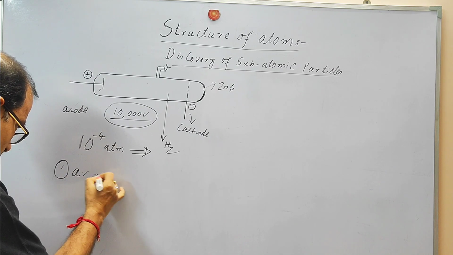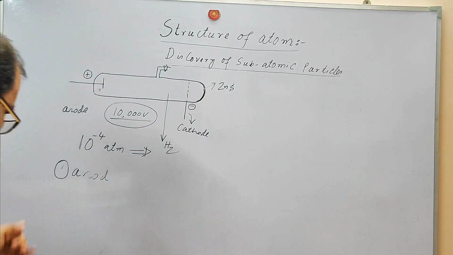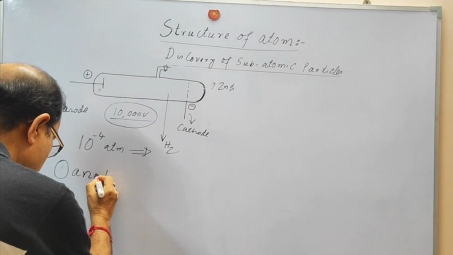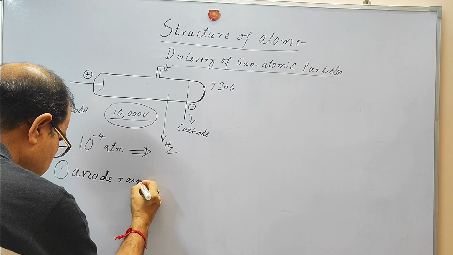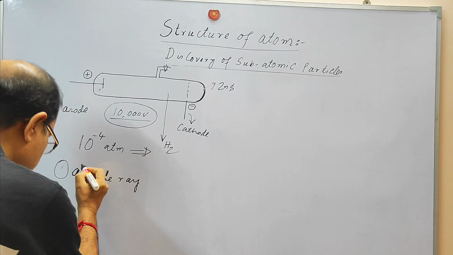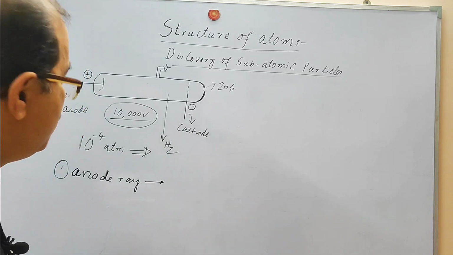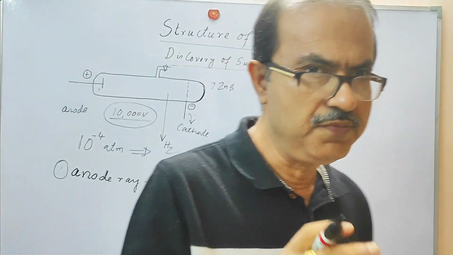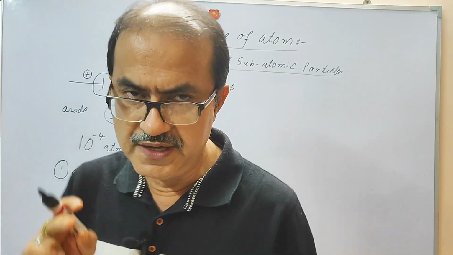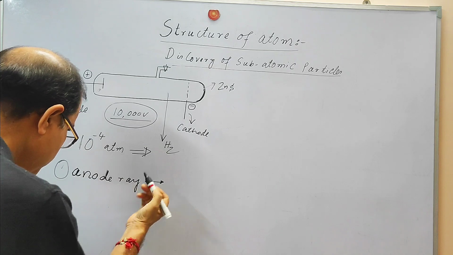So why is it called the anode ray? Because it is coming from the anode. But this ray has not been produced at the anode. It is produced somewhere else, which we will discuss later on. So this is the anode ray.